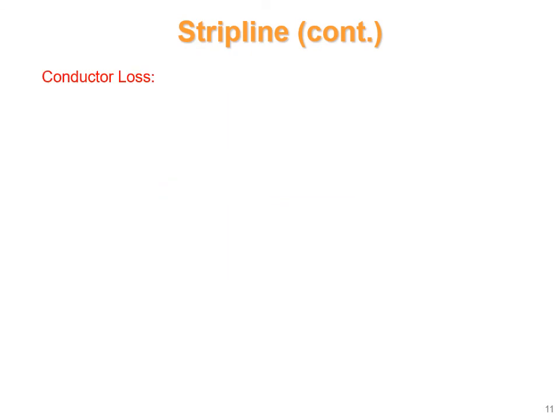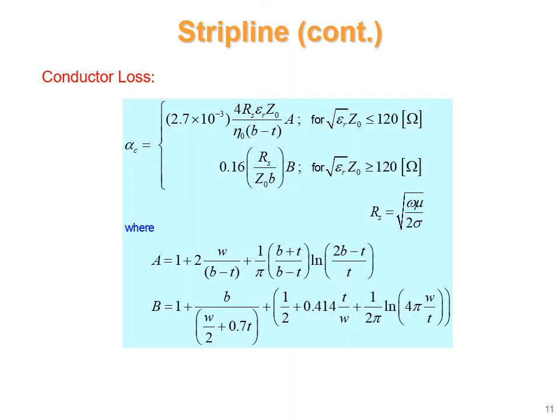Once you design a strip line, a very important thing is the conductor loss. The conductor loss is indicated by alpha C. It also has two formulas depending upon your square root of epsilon r Z0 value.